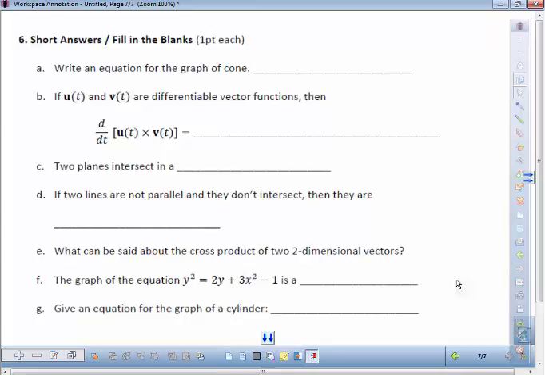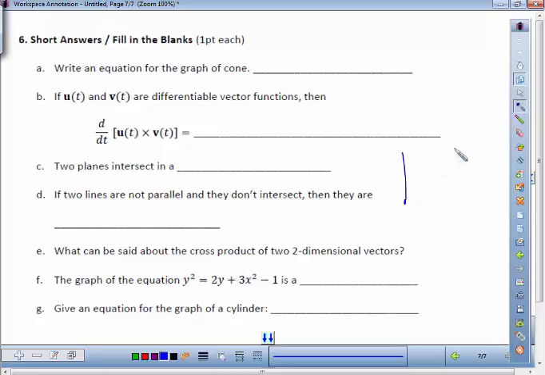If you look at our cross product formula, we're putting the two vectors in the second and third rows, right?